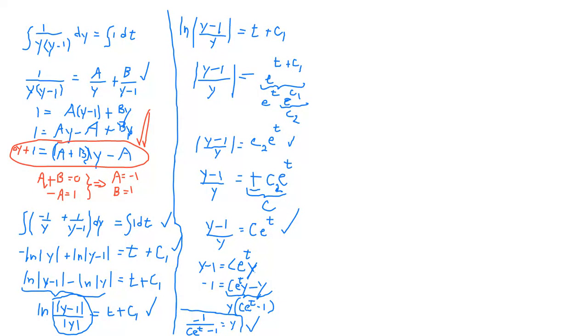Maybe I made an error. Let's see here. Are you talking about right here, Matthew, the factoring part? So there's a common factor of y.